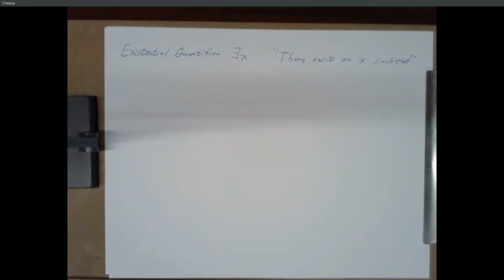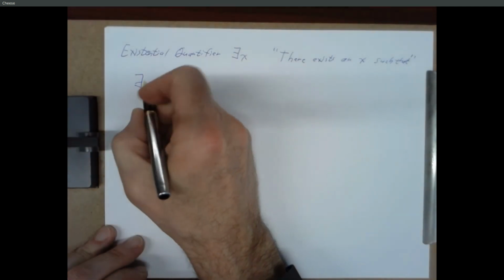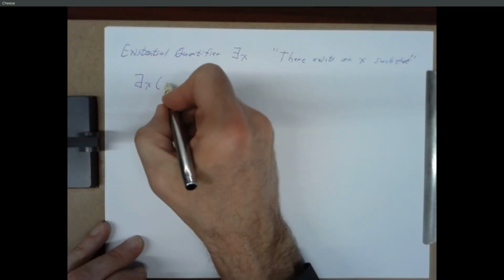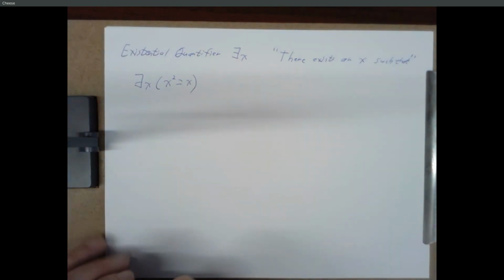So there exists an x. The universal quantifier says for all x, the following statement is true. Existential quantifier says there exists an x for which this is true. So there exists an x such that x squared equals x. Is that true?